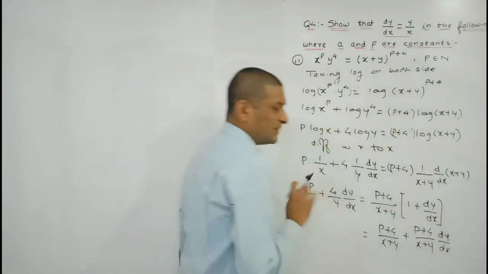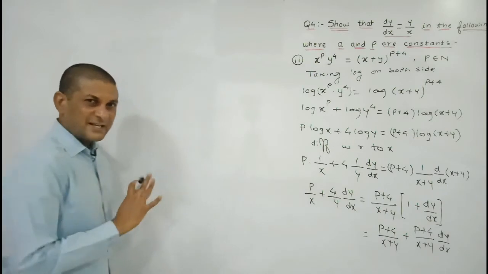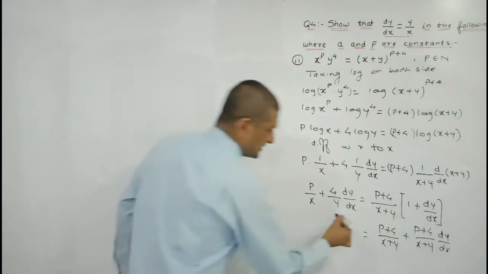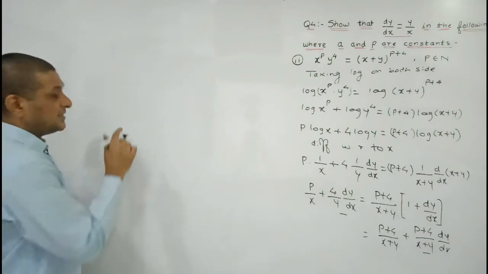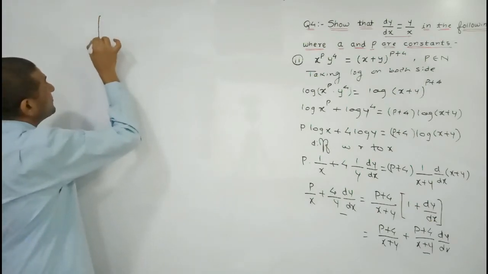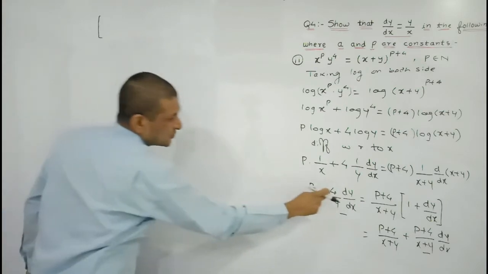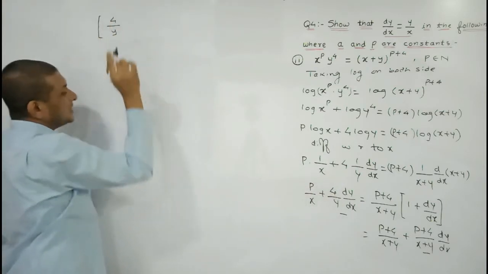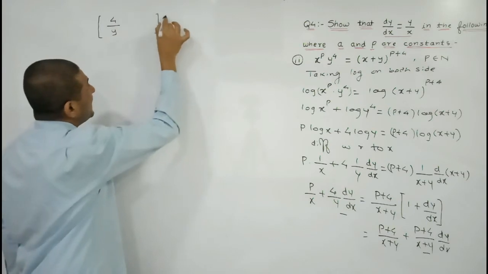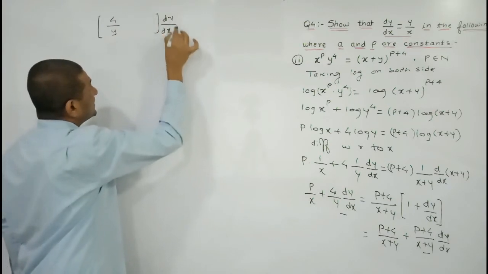Now we collect the terms of dy by dx on the left hand side. Observe that this is one term and this is the second term of dy by dx. If I take dy by dx common from these two terms, here its coefficient is 4 upon y, and the other term of dy by dx is on the right hand side.